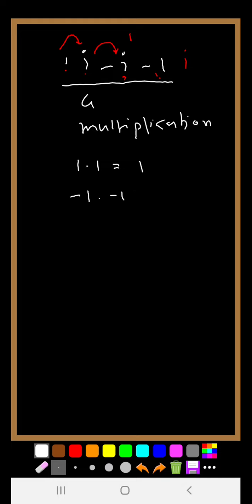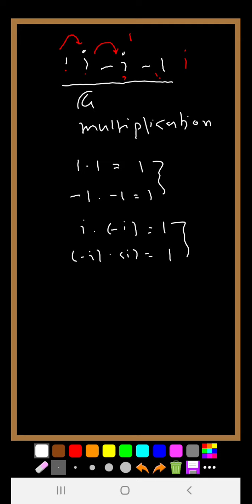Minus 1 into minus 1 is equal to 1. i has inverse minus i, it gives you 1, and so is the case with minus i. So i and minus i are inverses of each other. So these are self-inverse elements, and they are inverse elements of each other. So we say that all the 4 conditions are satisfied, and we can say that this is indeed a group.